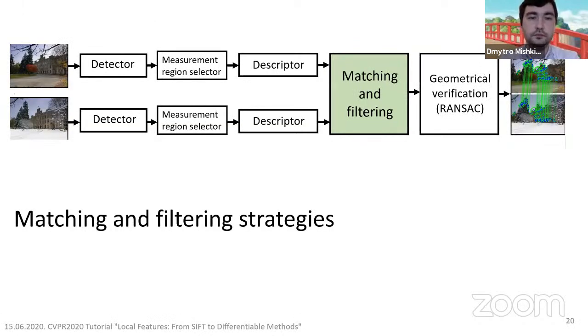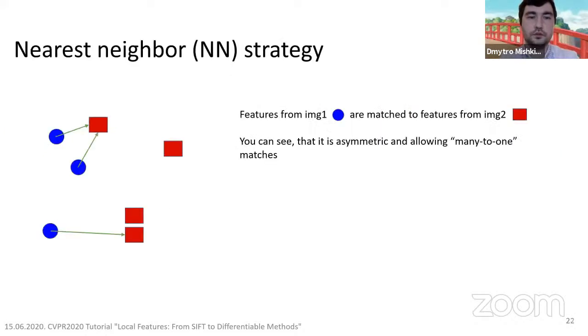Matching and filtering. These are all overlooked things, especially now when people say, okay, we use deep descriptors, we don't need any of these old filtering methods, and then you get very bad results. Don't do this. I'm going to go over the simplest handcrafted matching strategies.